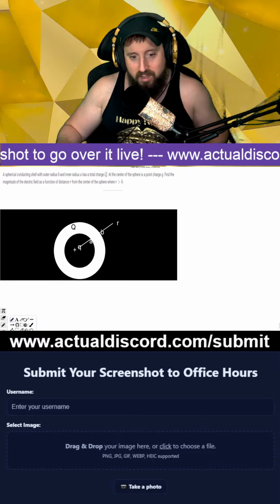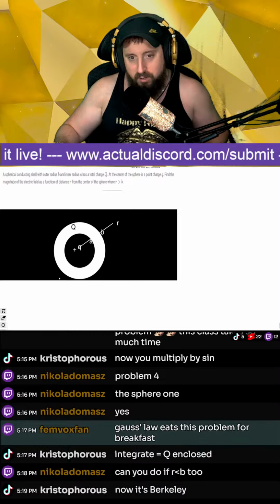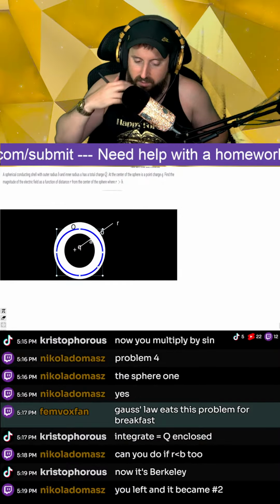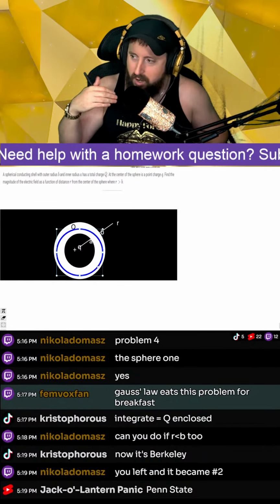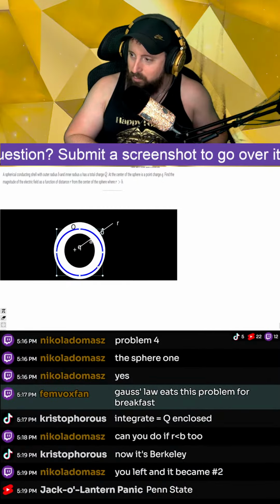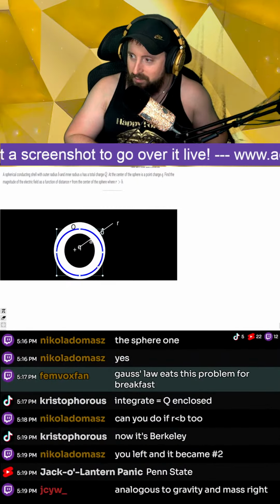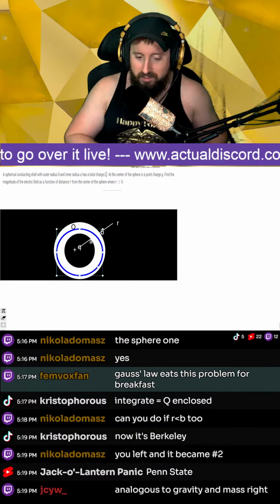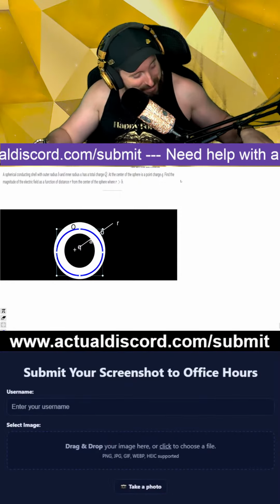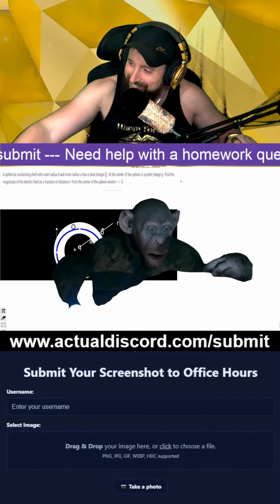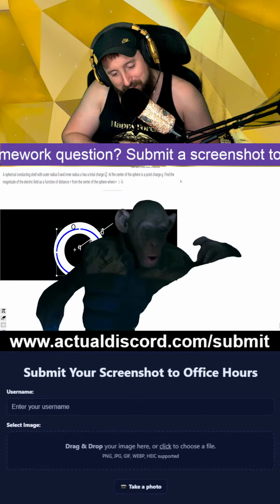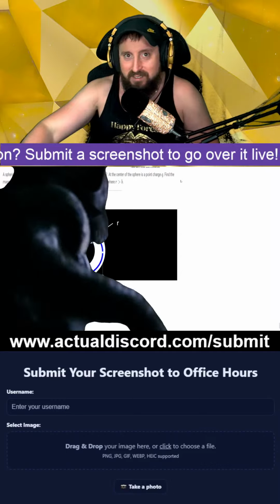Now it's Berkeley, it almost always is. But for whatever reason it wasn't a year ago, and UCLA just went all out and bought all these banners and billboards. You want to know where my teaching salary went? It went to all this promo of how we're number one. How about you spend some money on the teachers? You left and it became number two.